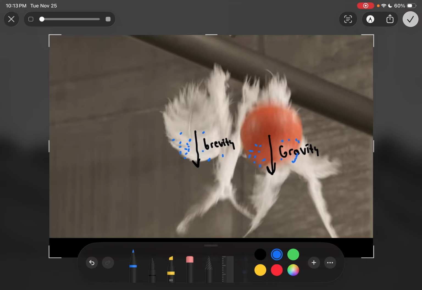And then because of that, at some point, the force due to air resistance will be equal to the force due to gravity. And when that happens, it will stop accelerating.